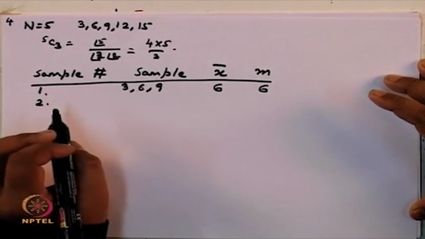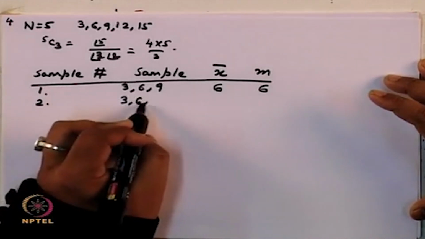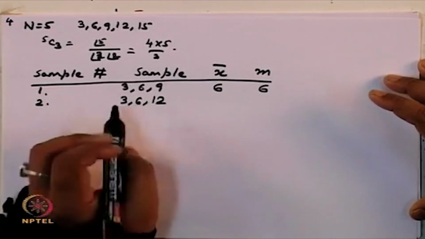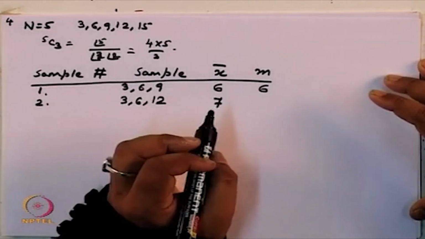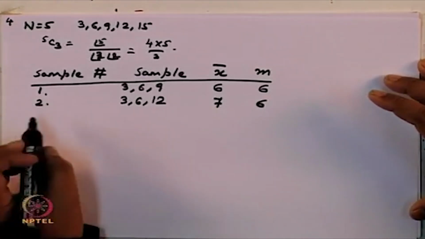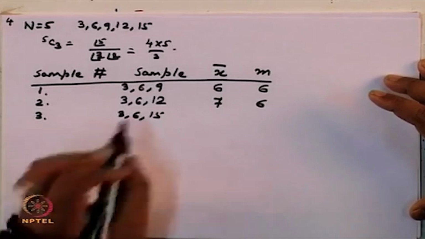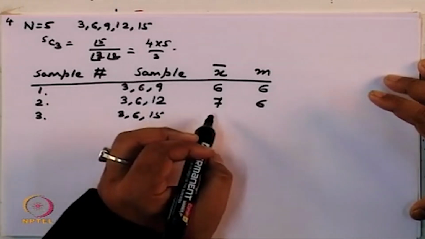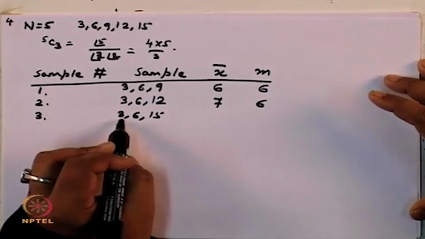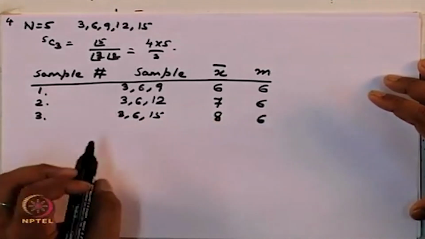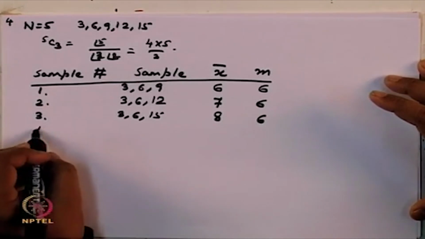Sample number 2 is 3, 6, 12; the sum is 21, so x bar is 7, and the median is 6. Then 3, 6, 15; the sum is 24, so x bar is 8, and the median is 6.